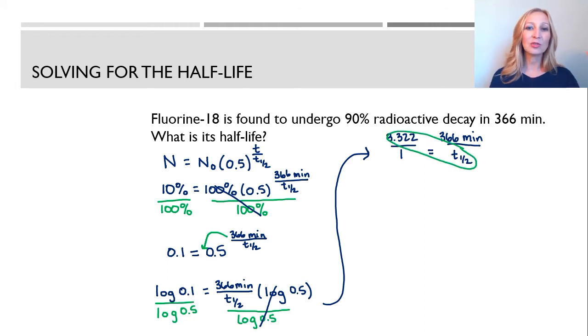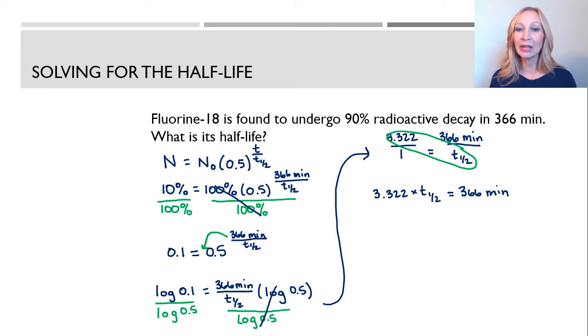And that allows me to do some cross multiplying, but I'm going to set it up as a more fractionless equation first. So I have 3.322 times T1/2, so this is my unknown variable, and that's equal to 366 minutes times 1, but I'm just going to leave the 1 out because 366 minutes times 1 is 366 minutes.